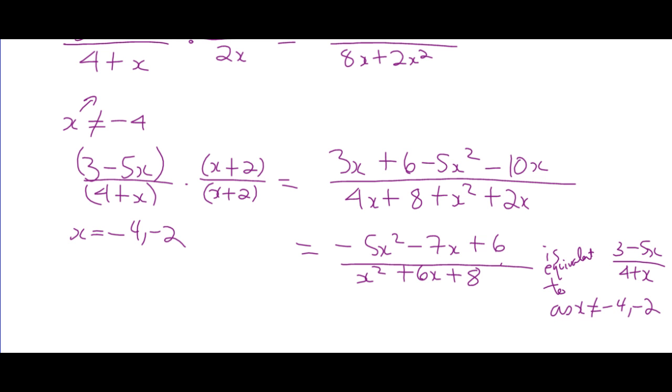So it becomes (3 - 5x)(x + 2) and (4 + x)(x + 2). Once they're factored, you can state the restrictions, then you can cross this off and say, yeah, they are equivalent. So if you get trinomials and you need to determine something equivalent or simplest form: factor the numerator, factor the denominator, state the restrictions from the denominator, cancel any common factor top and bottom, and then you're done.